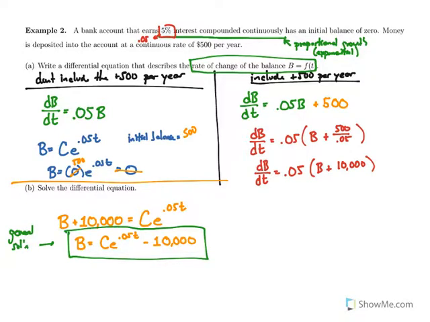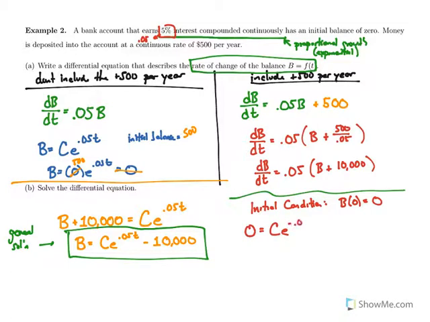If we want to find the particular solution, we can solve our initial condition, which is that at the very beginning, B of 0 is 0. So we're saying that when B is 0, t is going to be 0, and we have this minus 10,000.